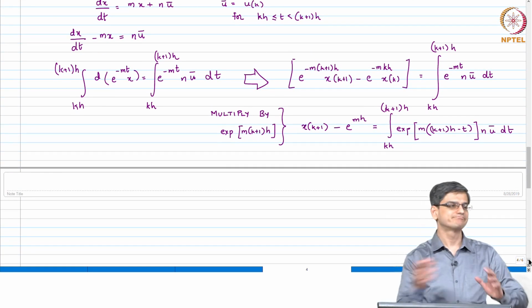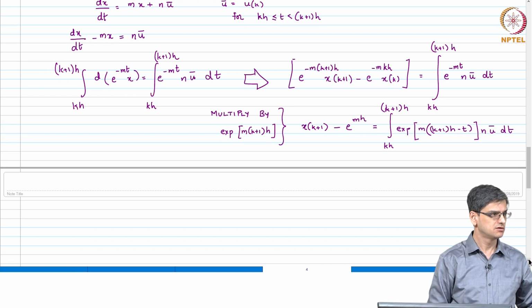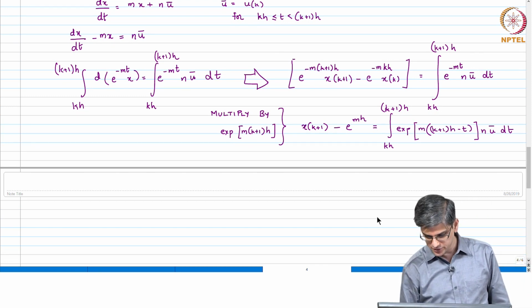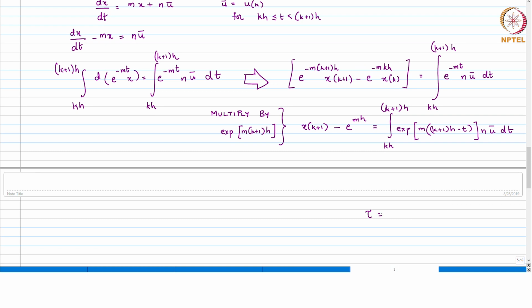And again your standard jugglery, right. To handle something like this, we will define tau as (k+1)h minus t.